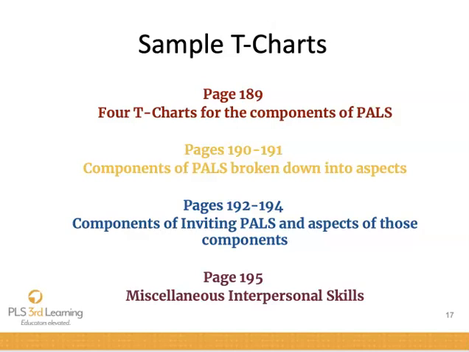On page 192, you have T-charts for the components of inviting PALS, followed by pages 193 and 194, which list aspects of those components. Then, on page 195, you have charts for miscellaneous interpersonal skills.